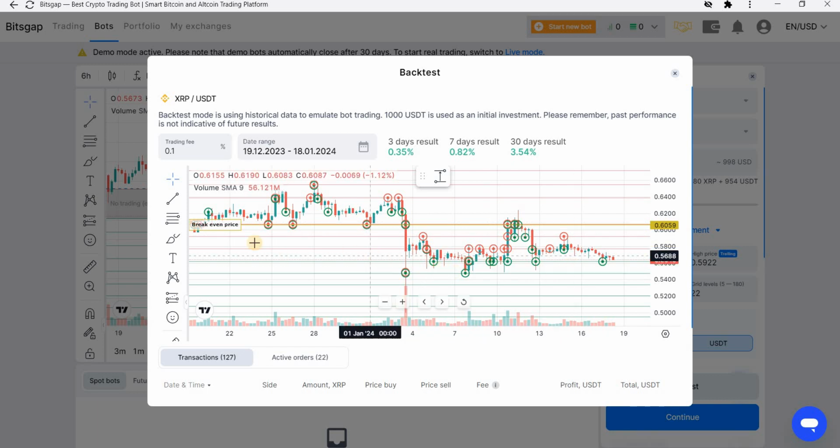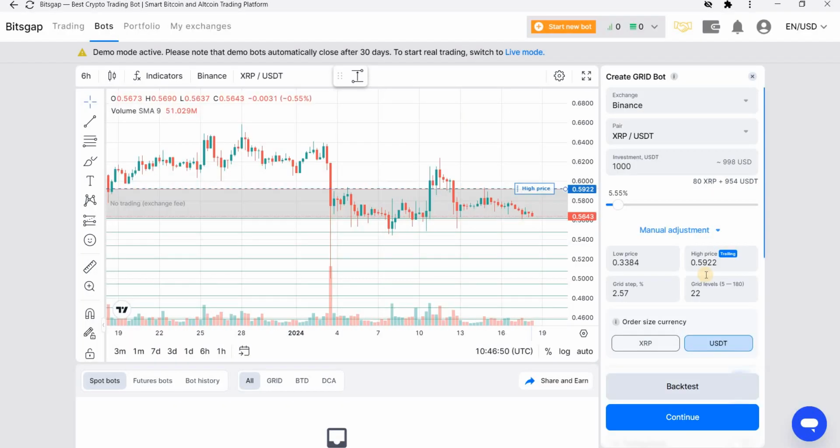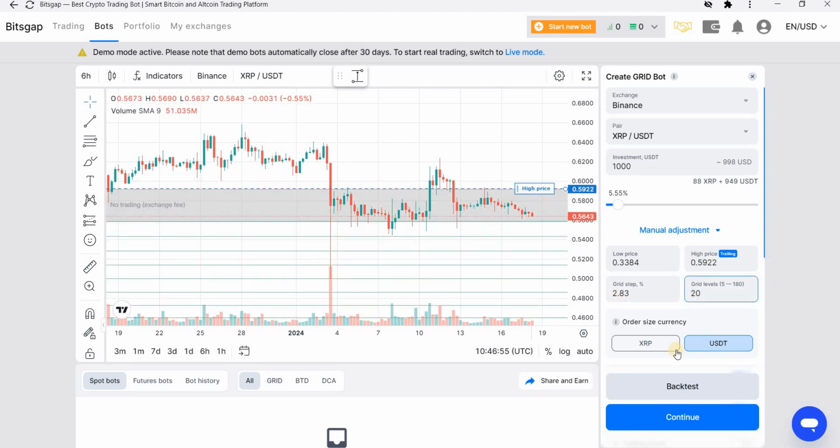And on the backtest result here, you can see where it's made the trades. The red dots is when it sells and the green dots is when it buys. So this is based over the last 30 days price movement. Right, so let's try a different amount. Change it to 20, backtest that.